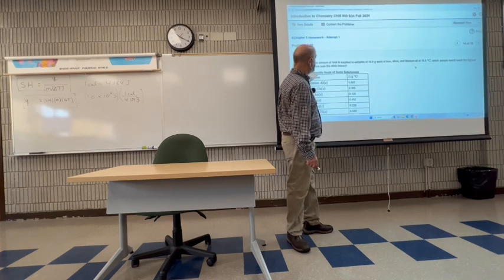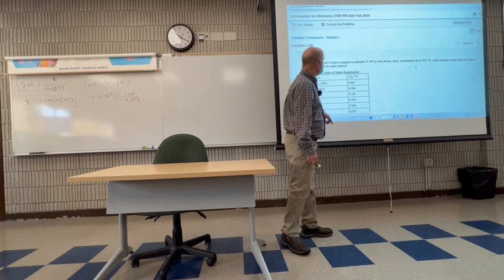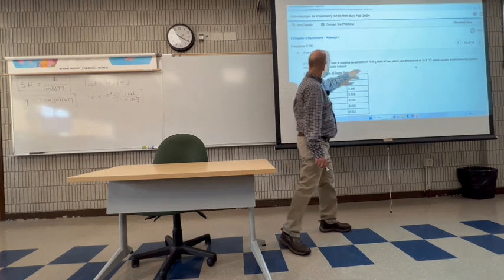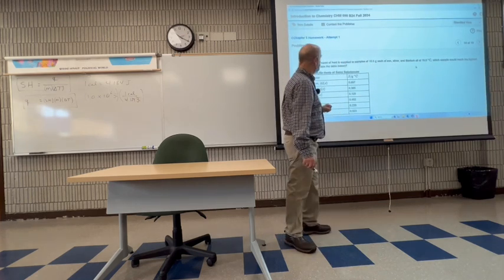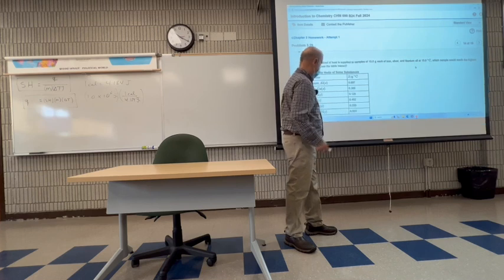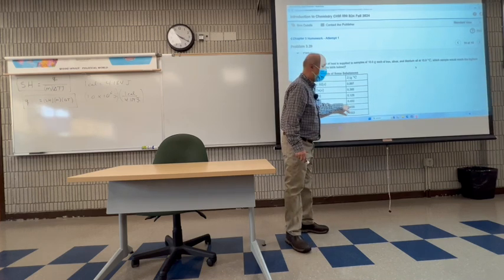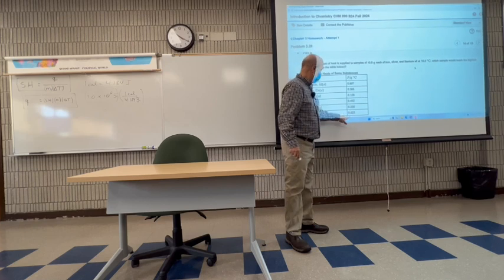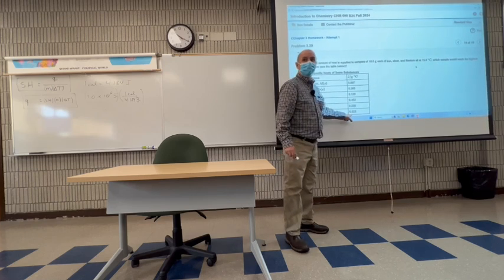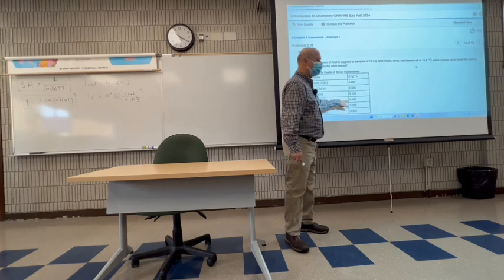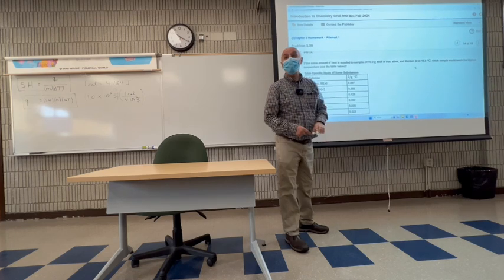So the question is, which sample would reach the highest temperature? We're heating the same amount with the same energy. Well, what do you think? Is it going to be silver? Is it going to be titanium? Is it going to be iron? So what is it?